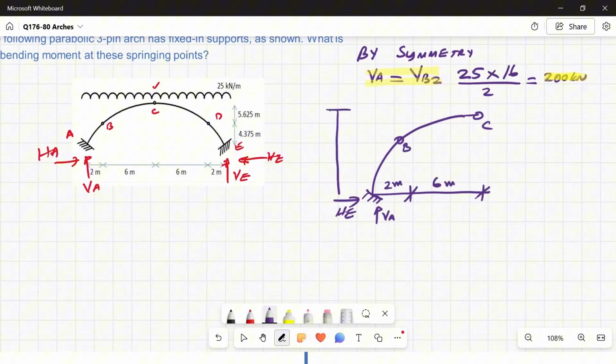And from ground to the crown, this is HA, it is 10 meters. And I want to find out the distance from B to the bottom, which is 4.375 meters, and from top it is 5.625 meters. If you add these two values, it will give you 10 meters.